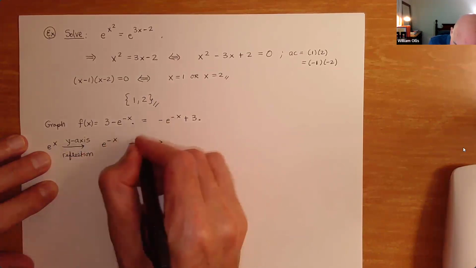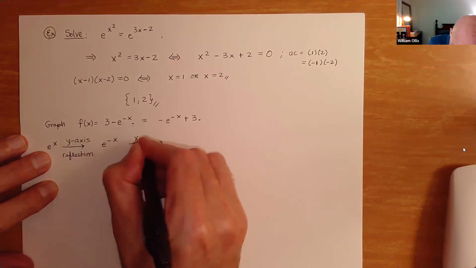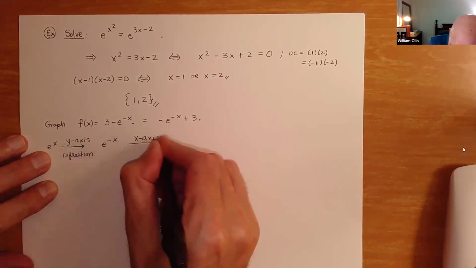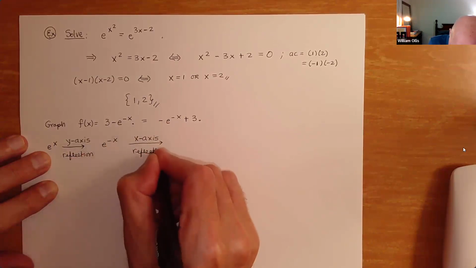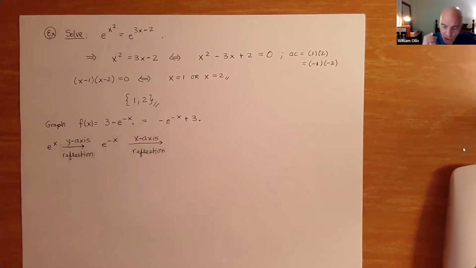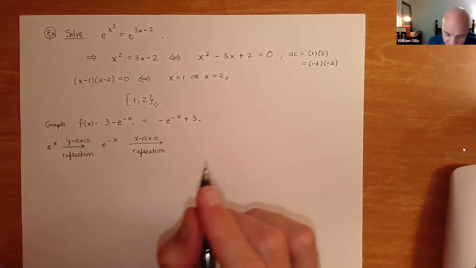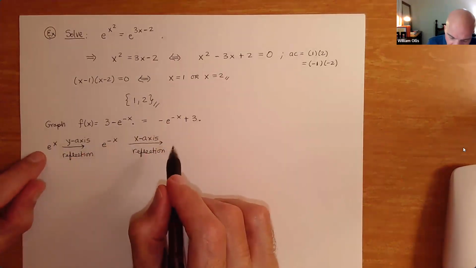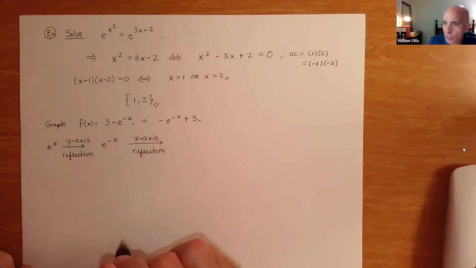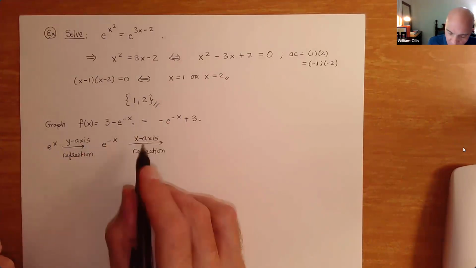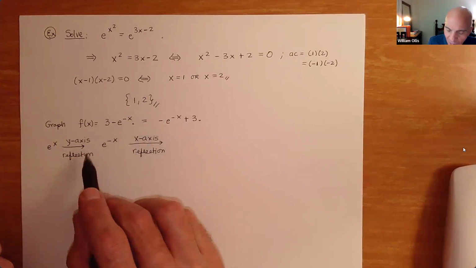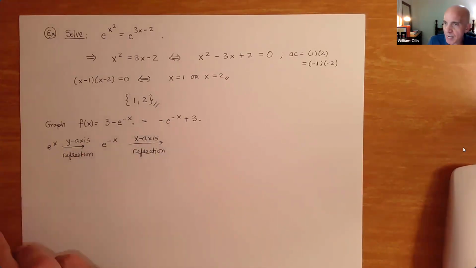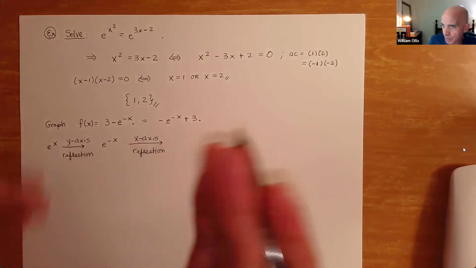And now we can apply the x-axis reflection. What's interesting is that you can apply these in either order. That wouldn't matter. We could do the x-axis by applying the negative to the e to the x, and then do the y-axis by replacing x with its additive inverse. So the order would be your choice.